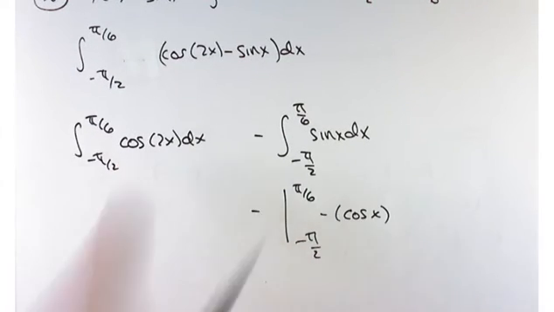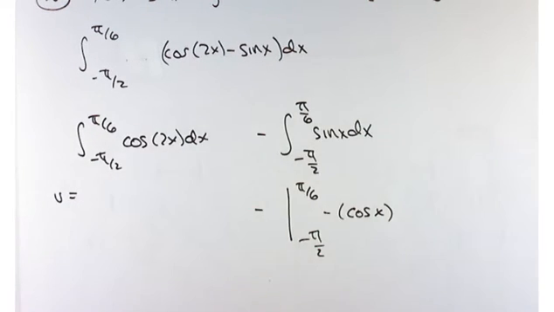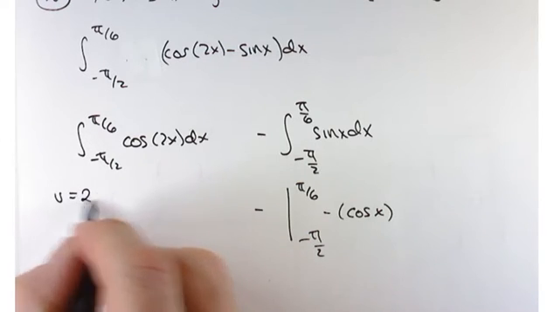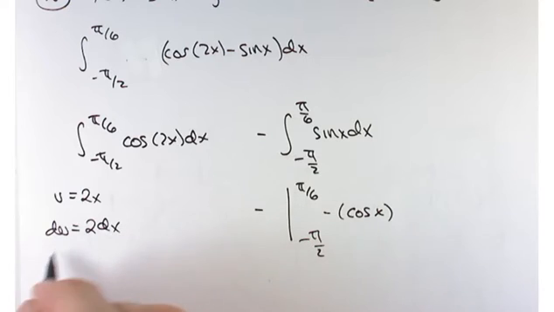But this one we don't have a nice antiderivative, right? This isn't a basic form yet. Unless you're really good with the mental arithmetic, you kind of have to make a U-substitution. So we're going to let u equal 2x. du equals 2 dx, so 1/2 du equals dx.